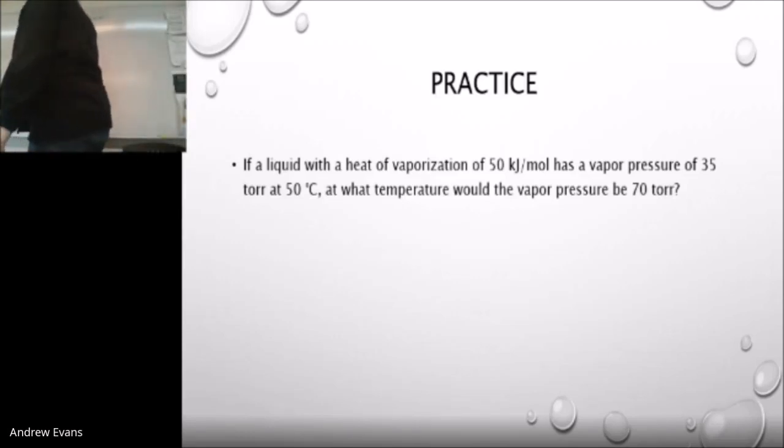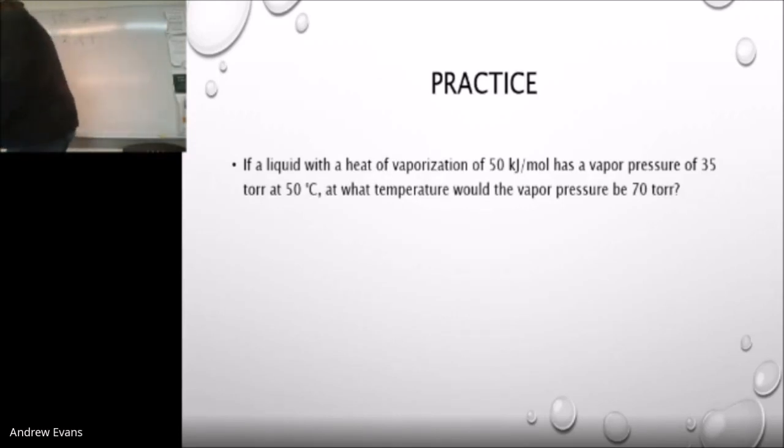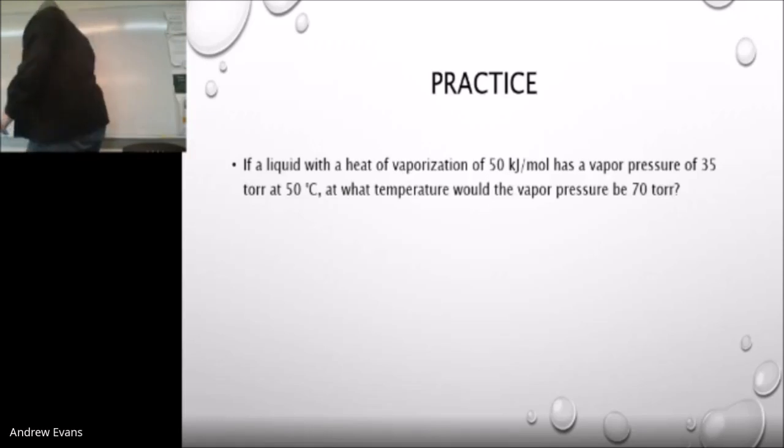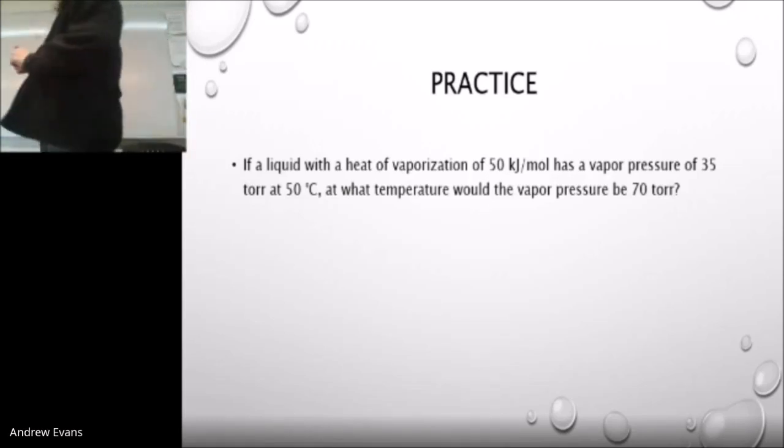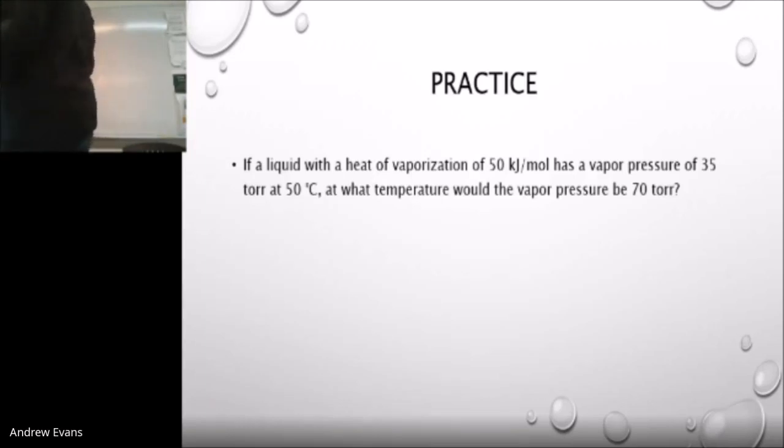We're given all the values except a temperature this time. Doesn't really matter which one we call P1 and P2. So we're given 50 kilojoules, 8.314, that doesn't change.